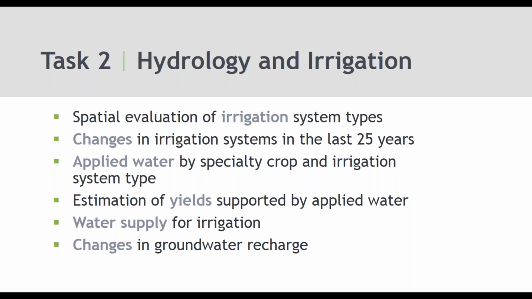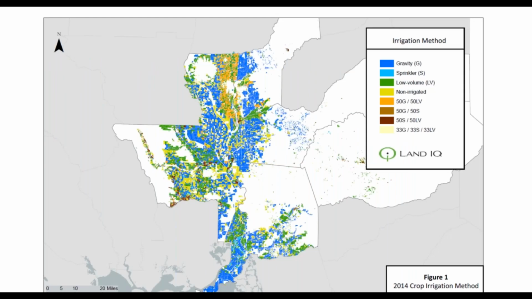But as you'll see later on in the presentation, we did look at that in more detail in the specific targeted areas that we were interested in the region, where we thought that groundwater recharge was the most suited. So this map shows you the irrigation method in the SACOG region.